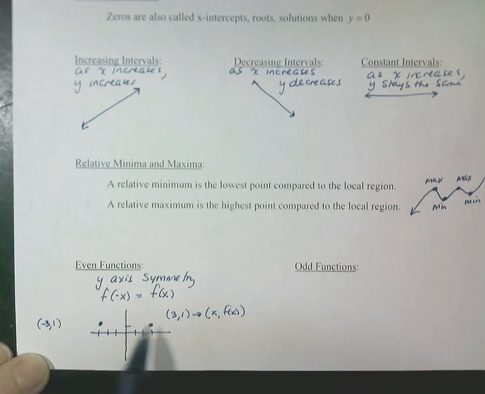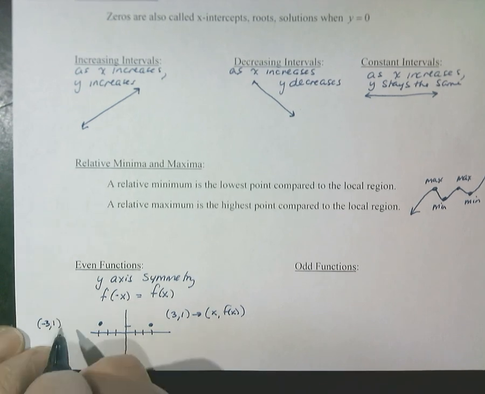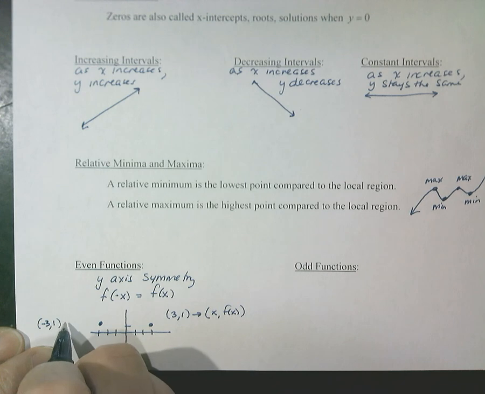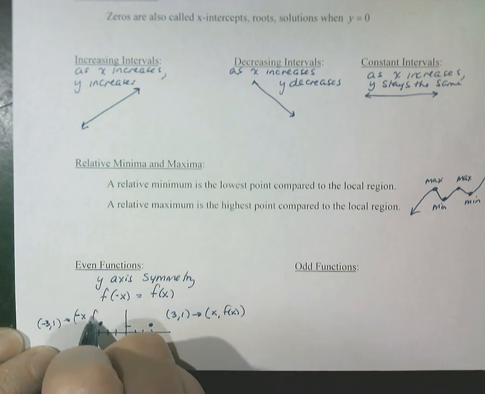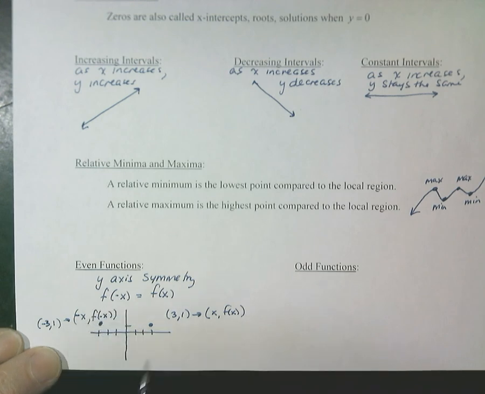So you see the x is negative, but the y stayed the same. So that means you would have the point negative x, f of negative x. So in this case, f of x is 1, f of negative x is 1. So they're the same.